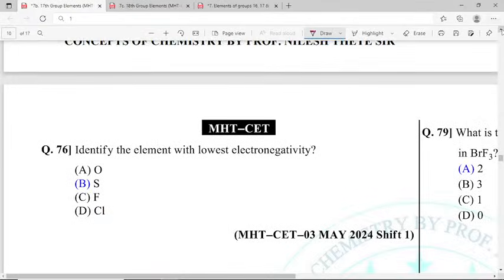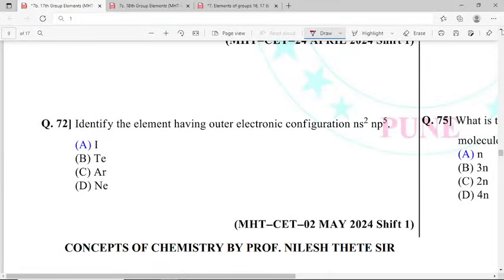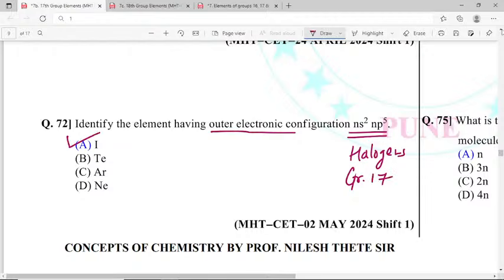Identify the element having outer electronic configuration ns2np5. So ns2np5 is halogens. It is group number 17, so iodine is there.